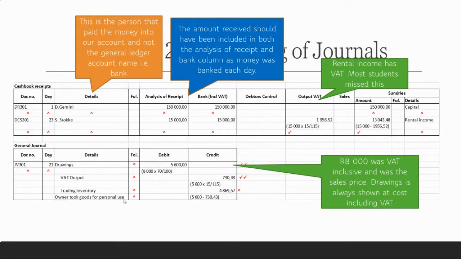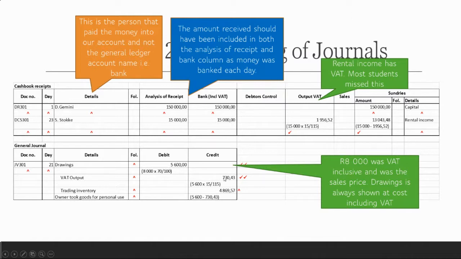Now, where a lot of students lost marks is firstly here with the details. They did not have the correct account names. Secondly, they used 8,000 instead of the 5,600. And then the other thing, most people forgot about the VAT, which I marked based on what you had, and then they didn't put a narration in here.